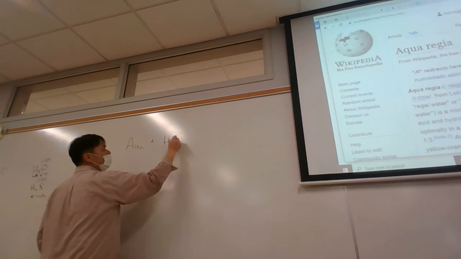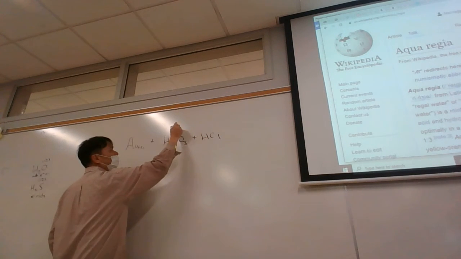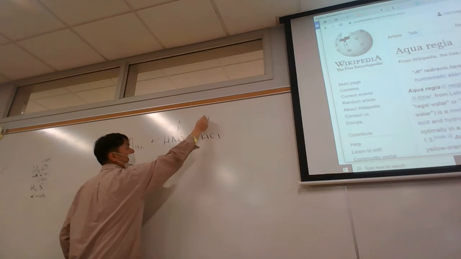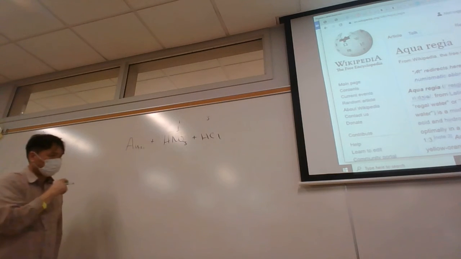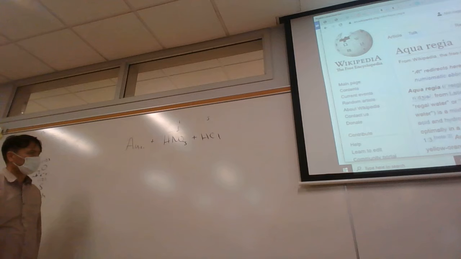So 1 part nitric acid, 3 parts hydrochloric acid. 1-to-3 ratio. Okay, I'm not going to work out the balanced chemical equation here, but I'm just going to talk about how this works.